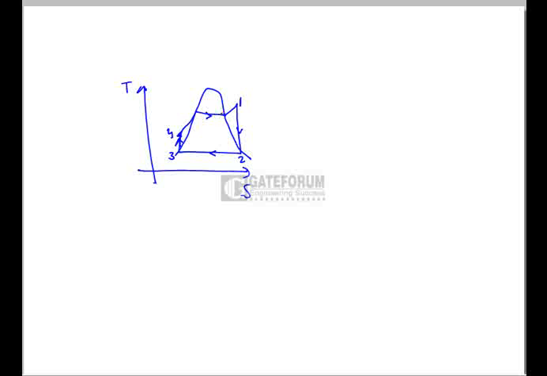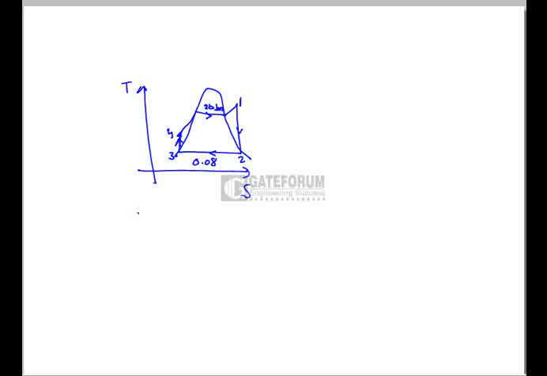So here from the table we can have some values. Here the 3 represents the saturated liquid line and it is at 0.08 bar, and the upper line gives 20 bar.